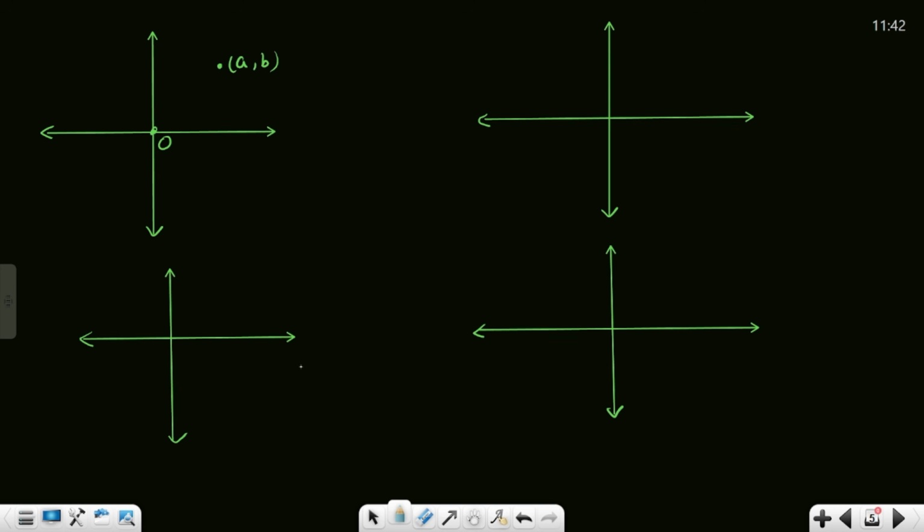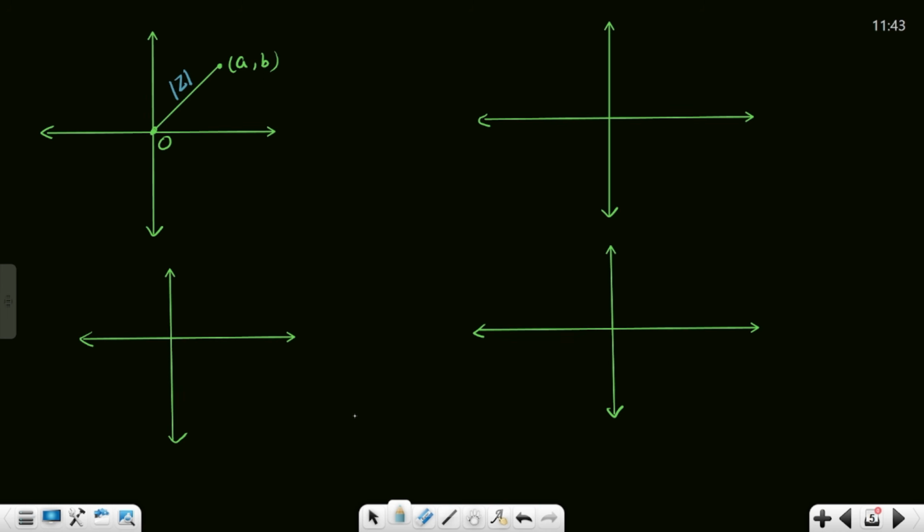From the origin to that plotted point a comma b, it is called the modulus, that we have already studied earlier. It is called modulus of Z.